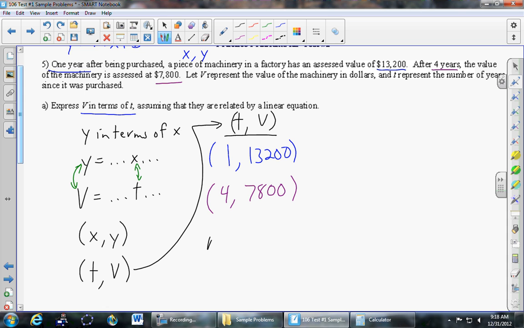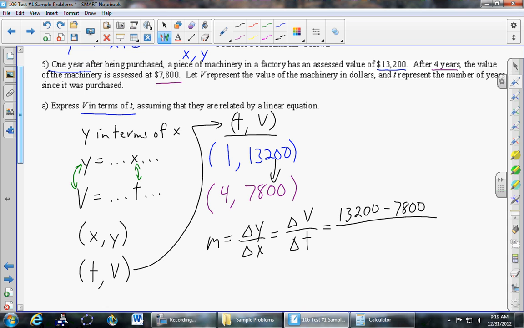So the first thing we'll do is find our slope, change in y over change in x. I'm quite happy to just go ahead and subtract the y's, although technically they're not y's in this problem, they're V's. X's are T's. But we've got them looking like x's and y's, so we just subtract 13,200 minus 7,800 over, just be really careful, you subtract in the same order.